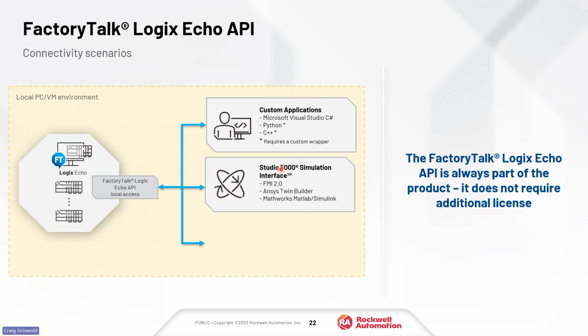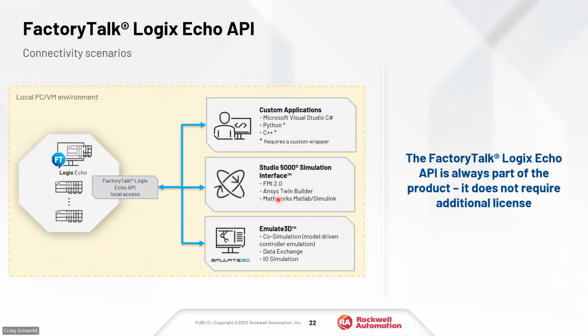There's also interfacing with the Studio 5000 simulation interface, which allows a controller to connect and exchange data with the functional mockup interface, ANSYS, as well as MATLAB and Simulink applications for physics-based application testing. And then finally, connectivity to Emulate3D, which is Rockwell's co-simulation package that can do I/O simulation, data exchange, and test, for instance, conveyor applications and large warehousing applications.